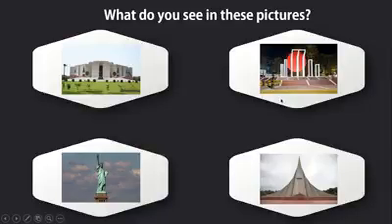In the second picture we can see Shohid Minar. In the third picture, we can see the Statue of Liberty. And in the fourth picture, we can see the National Memorial.